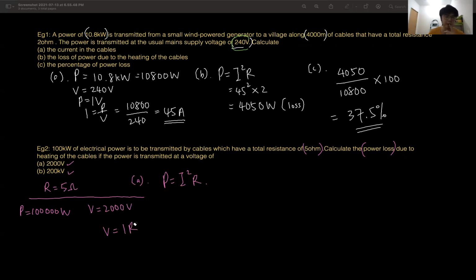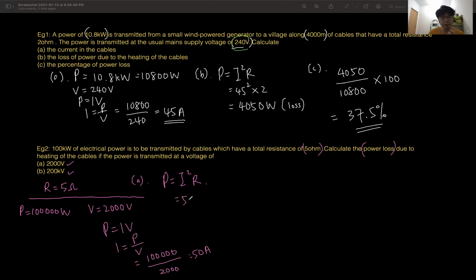So P equals IV, I equals P over V. So 100 kilo divided by 2000 equals 50 ampere.